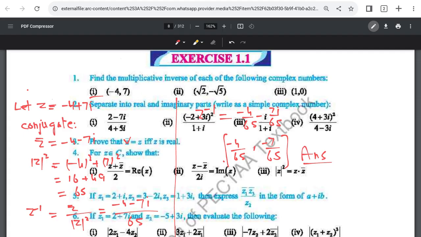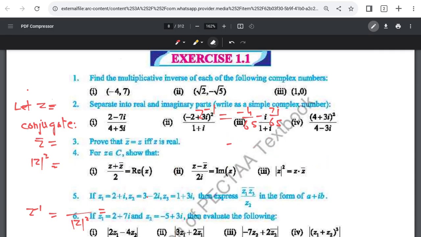So now we move towards the next part of this question, that is 2 square root and minus 5 square root.